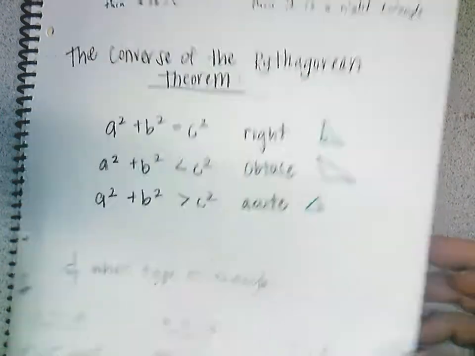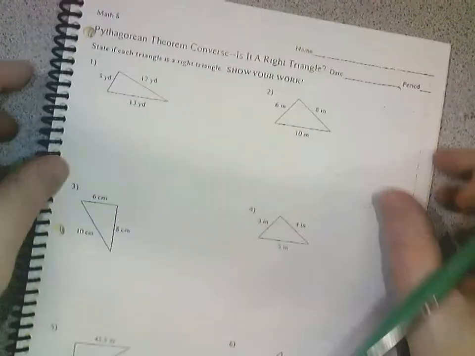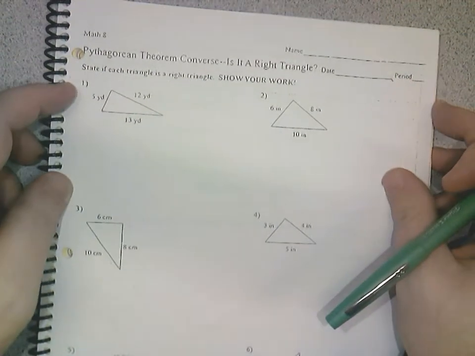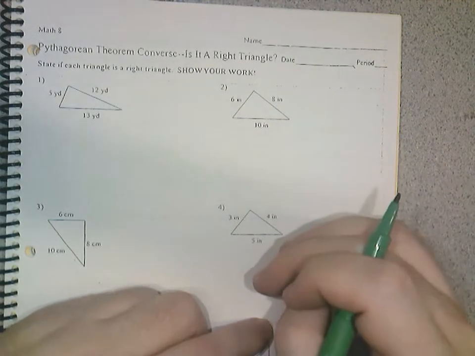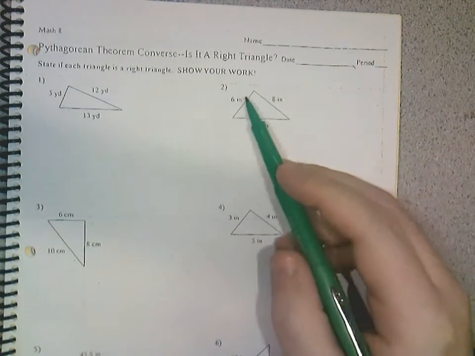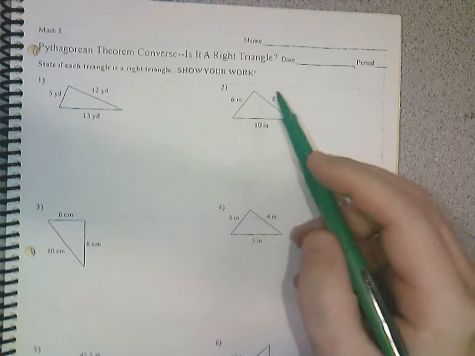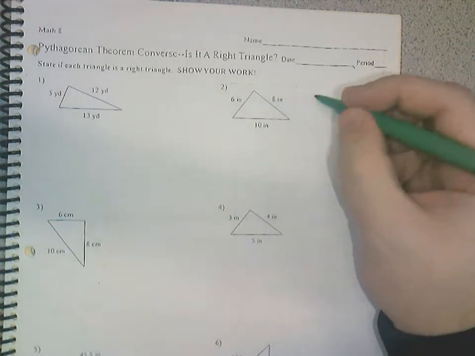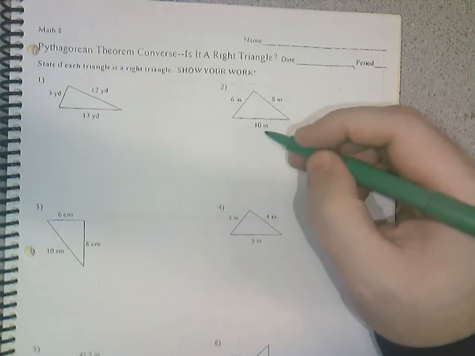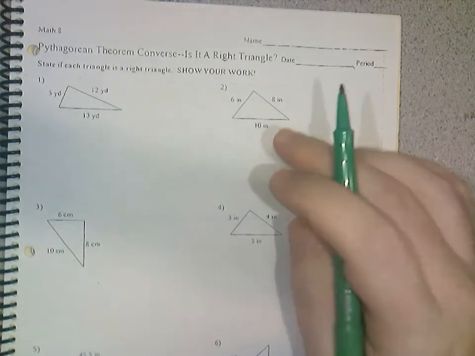Okay. Now, let's look at some examples of this. Let's start with number 2 here. So again, you're looking for the longest side, right? That's your first step, and that would be 10.